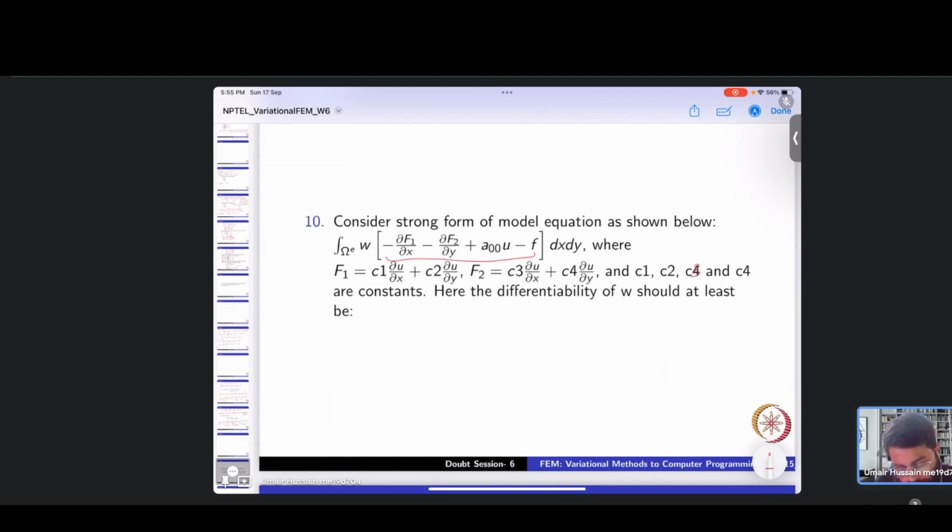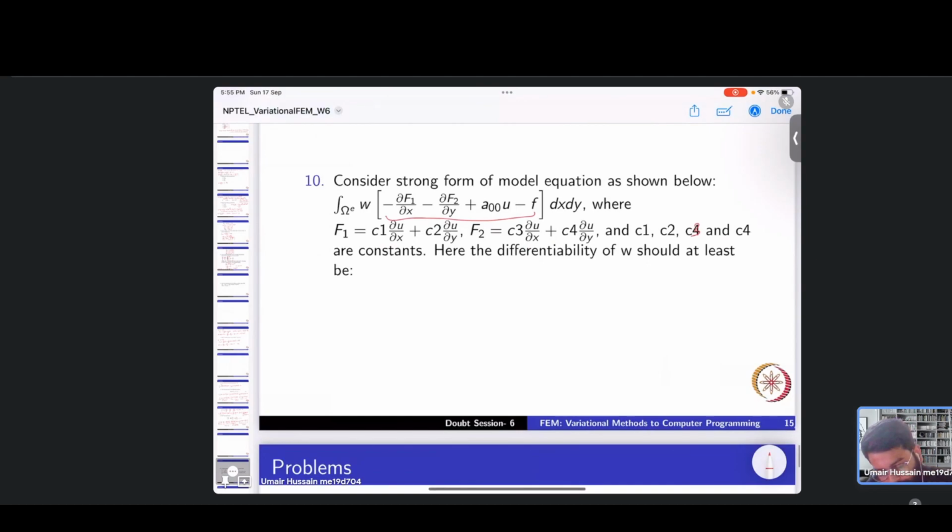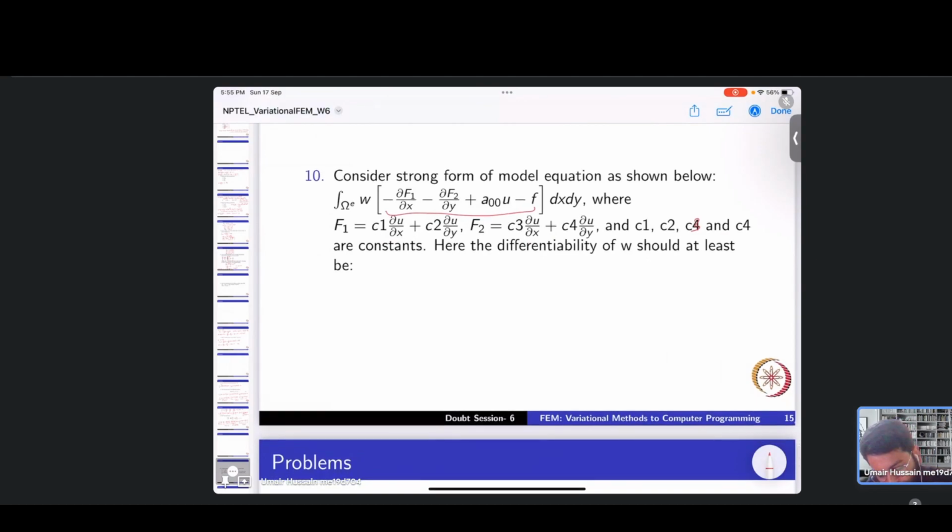So what should be the differentiability of w at least? We'll just use one term here: w times dou by dou x of F1, where F1 is C1 dou u by dou x plus C2 dou u by dou y.